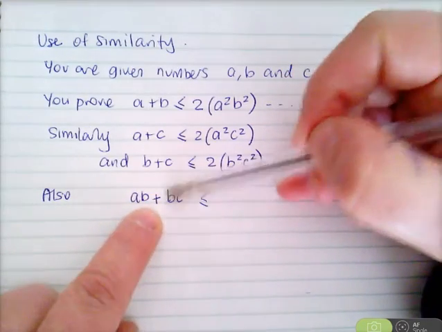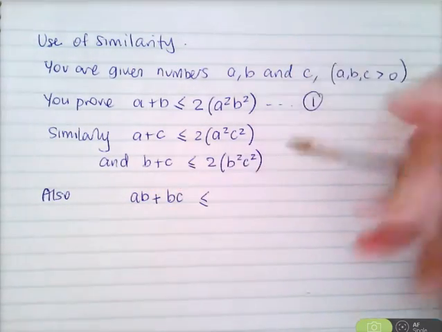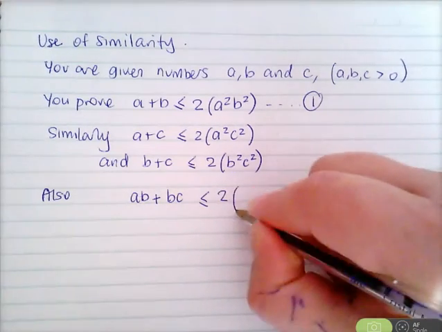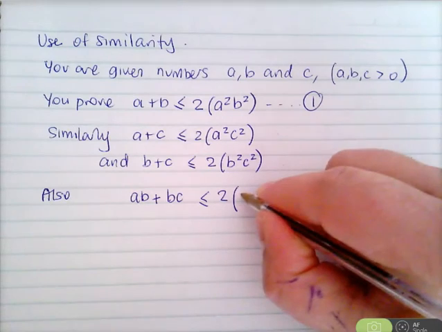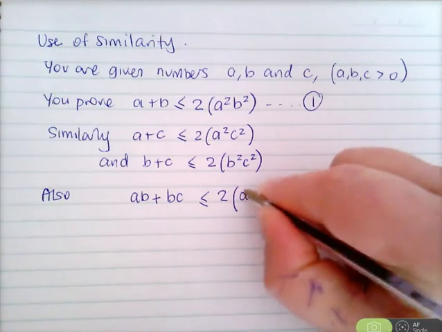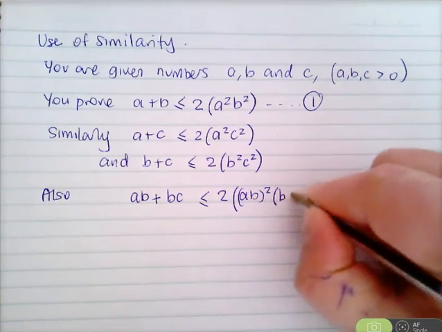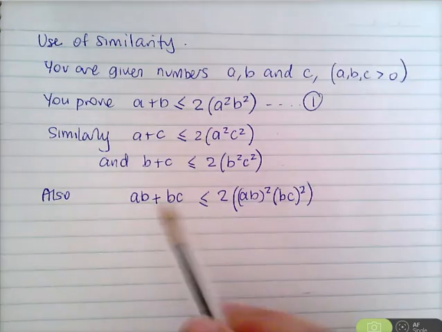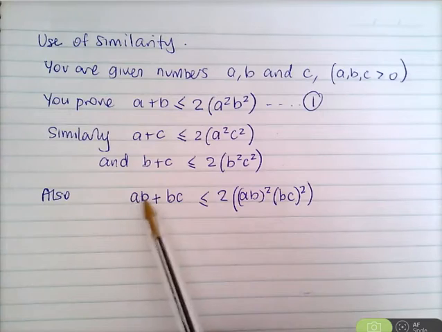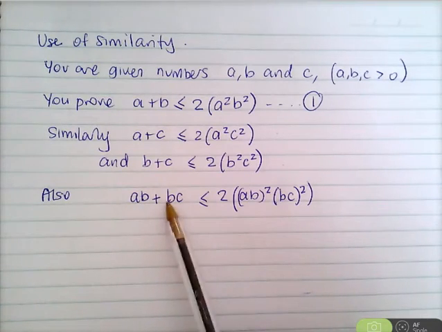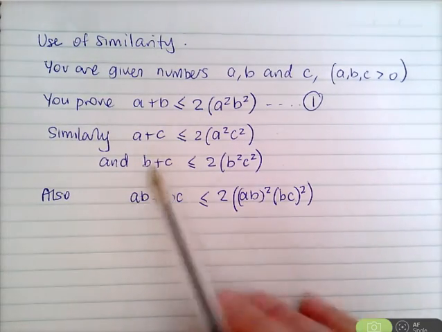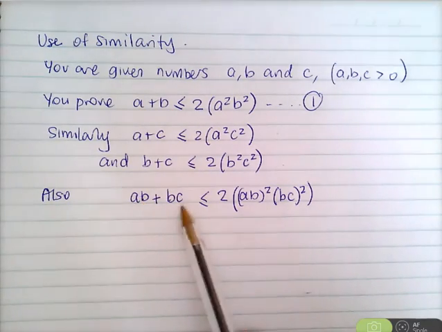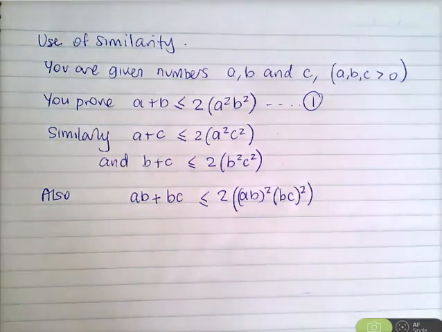This would be a number and this would be another number. So we could also say that ab plus bc is less than or equal to 2 times (ab) squared times (bc) squared. Remember that ab is really just a number and bc is also just a number. So you can replace the single a with groups of pronumerals multiplied together as well.